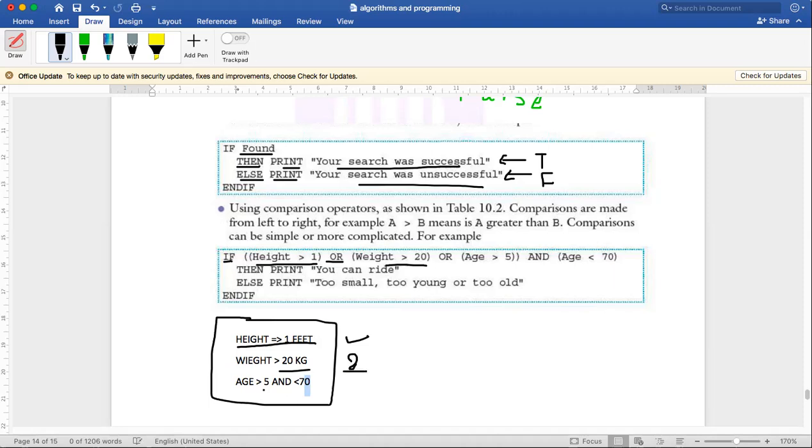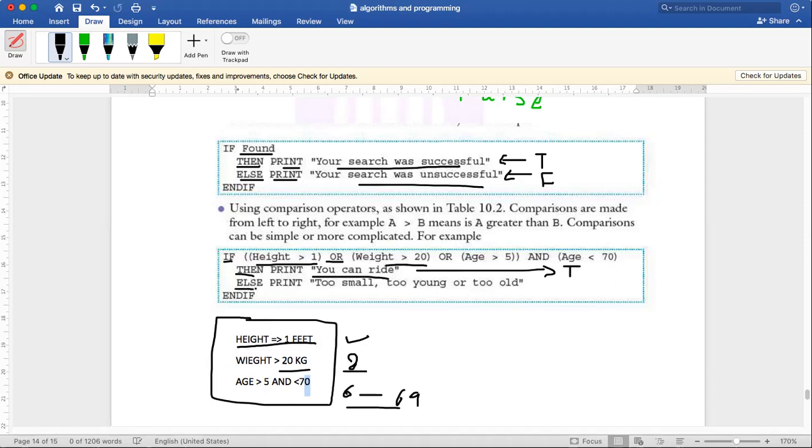And age is greater than 5. So it is clear now: the person should be 6 till 69. The old people, right? If you follow all these conditions, and all the conditions are true for you, then friend, you can ride. This becomes true if the person follows these things.